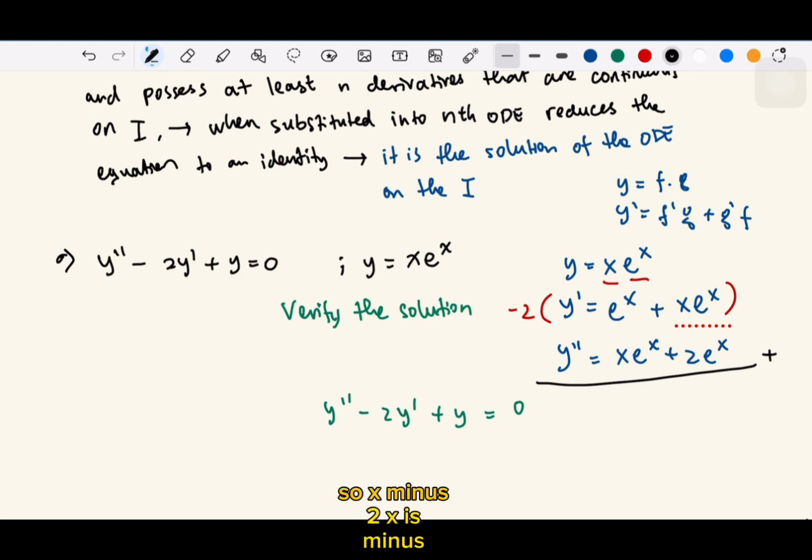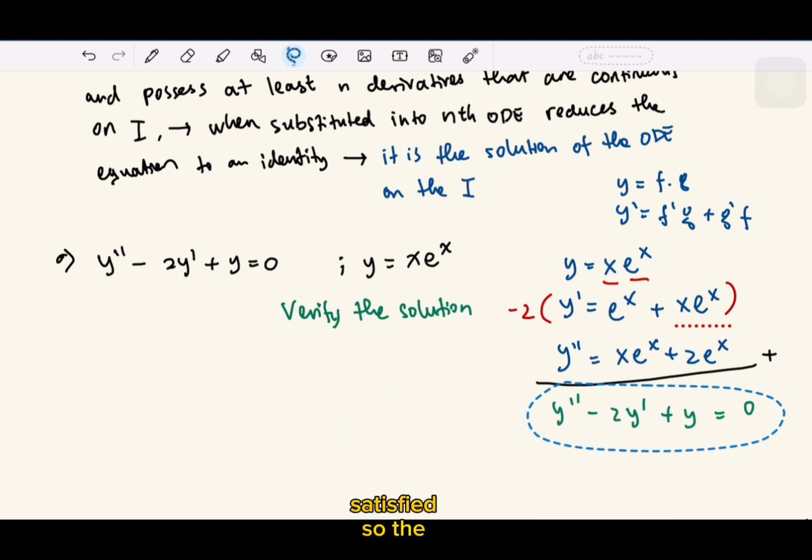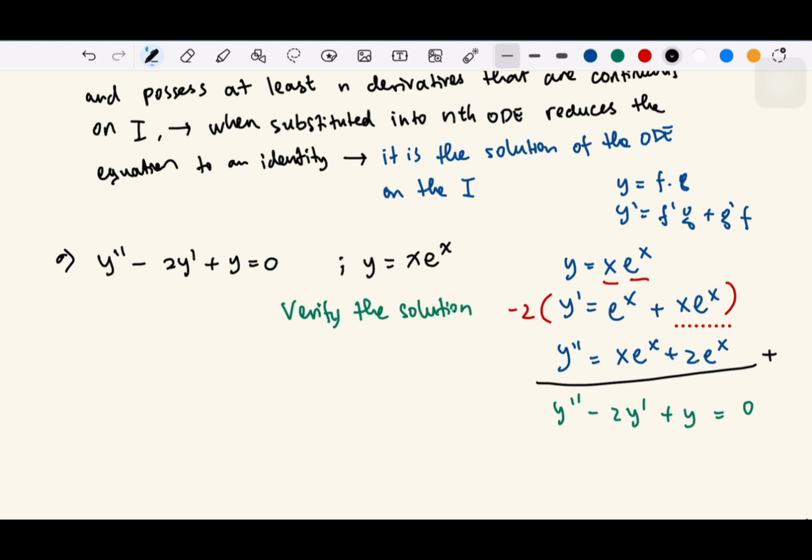So x minus 2x is minus, and then plus is 0, and the other one is e minus 2e plus 2 is 0. So it's also satisfied. So y equals x e to the x satisfies the equation.